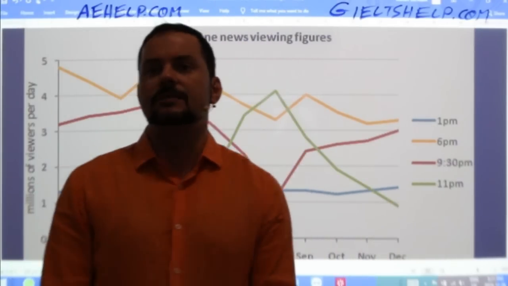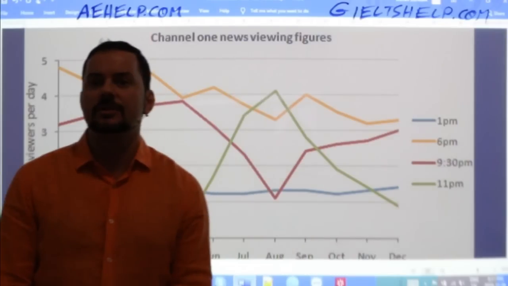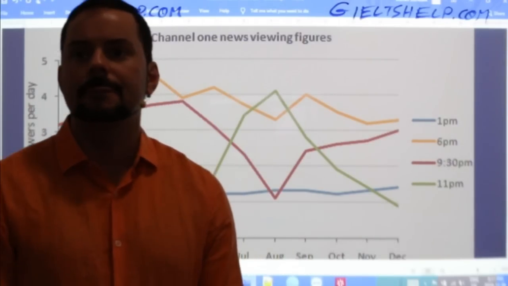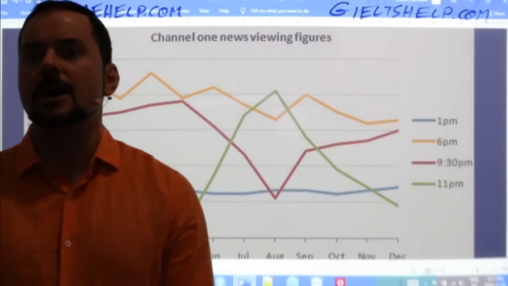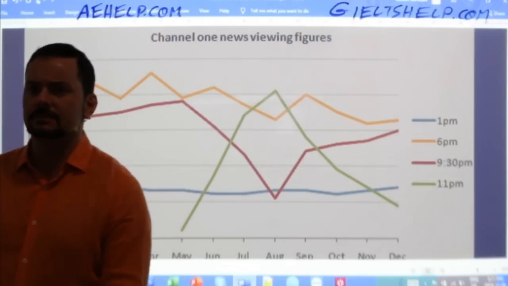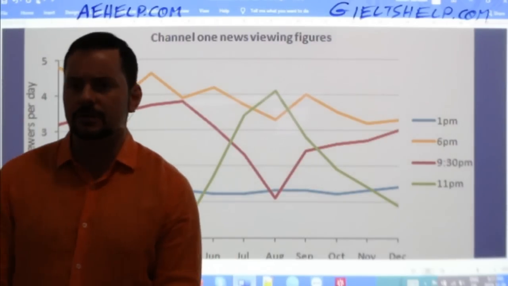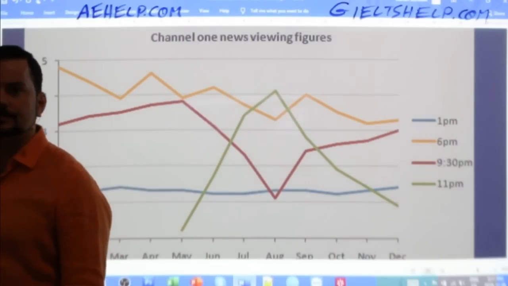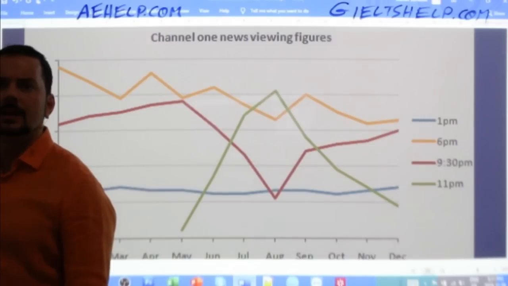Awaz says the following line graph represents the number of programs which are shown at different times in the day. You don't need to paraphrase, Awaz, the second part of the question for the overview, just the main part, okay? All right. Let's see.